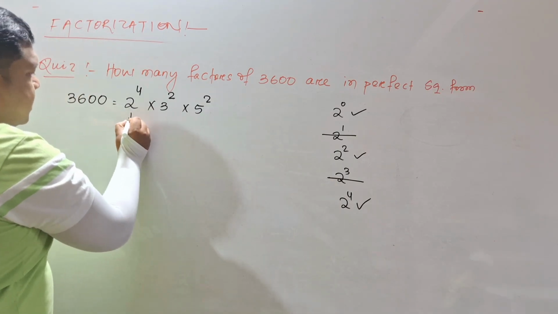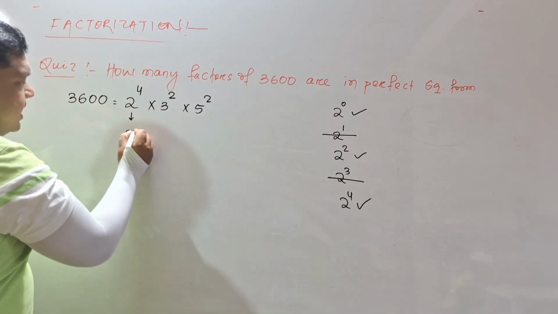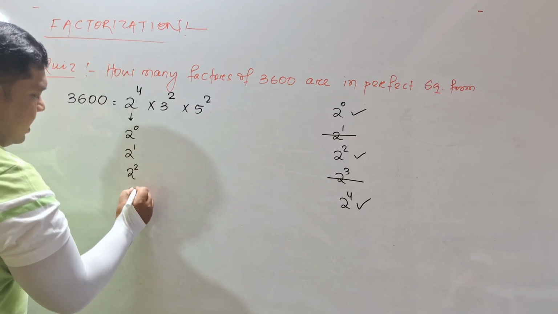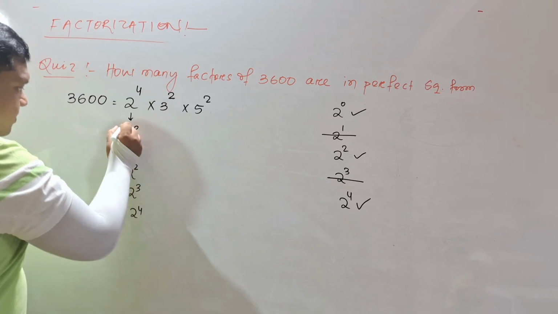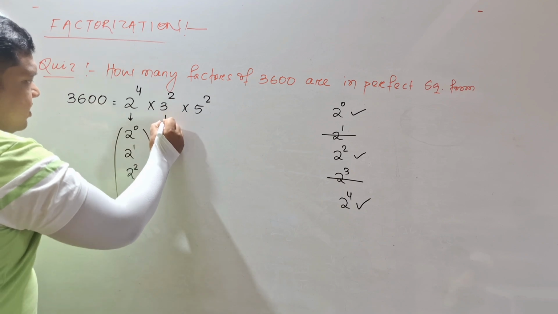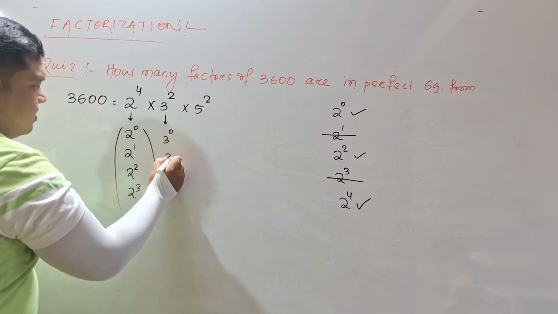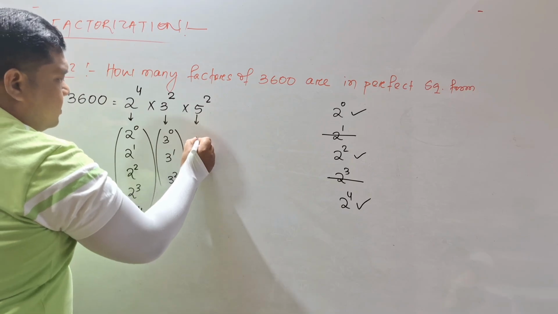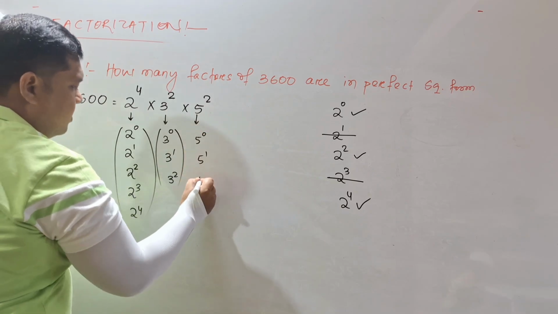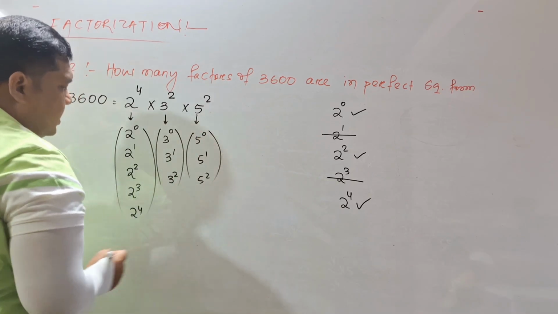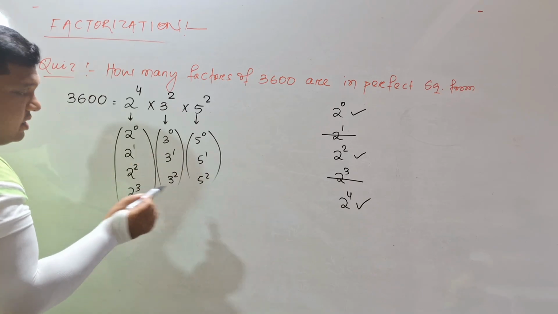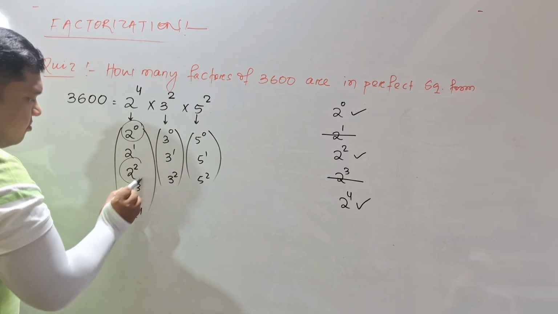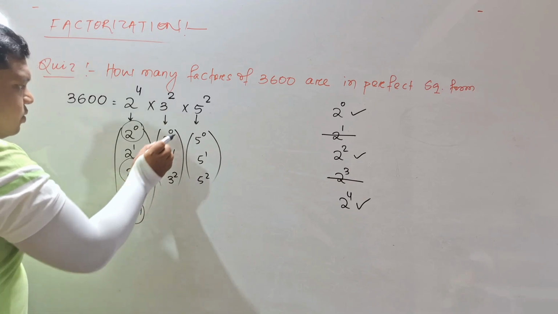So here 2 to the power 4 has how many factors? Already explained: 1, 2, 4, 8 and 16. Similarly, 3 squared has how many factors? 1, 3 and 9. 5 squared has how many factors? 1, 5 and 25. So here I have to select the elements with even powers.